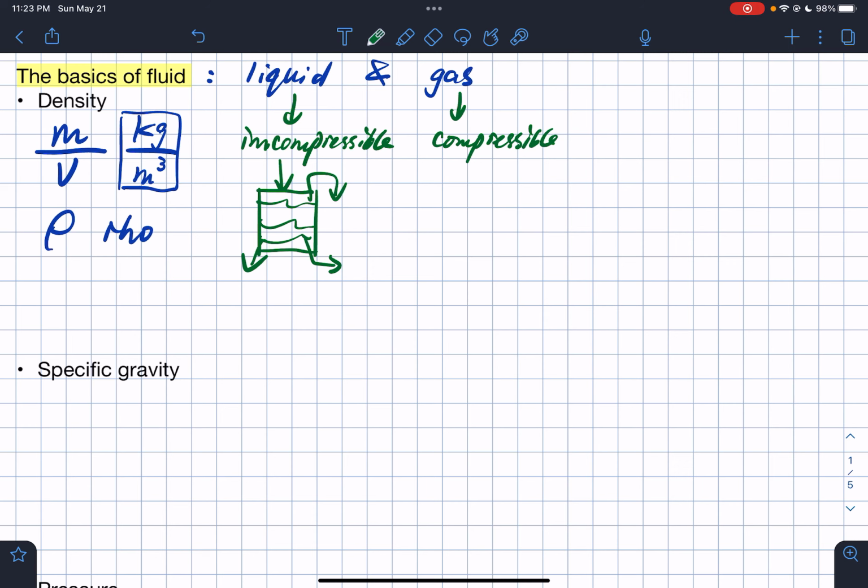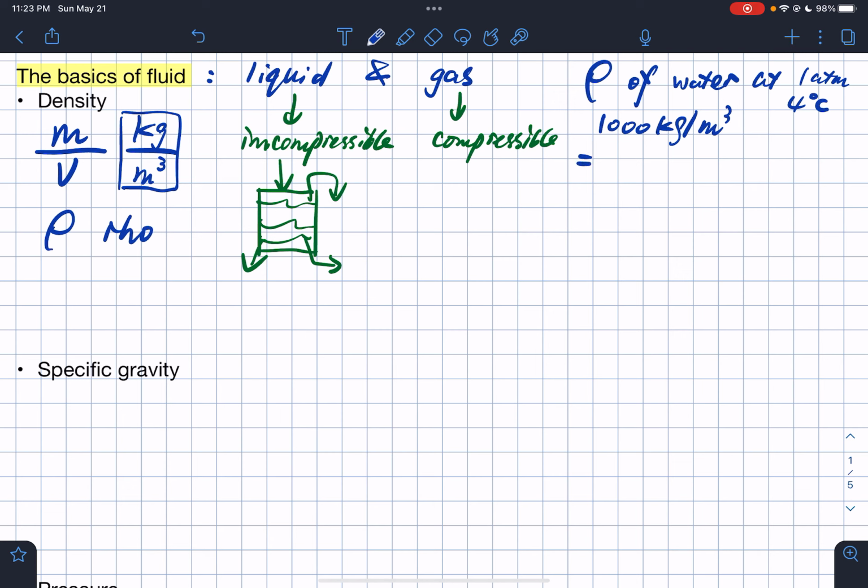Okay, so another thing I would like you to know is the density of water. The density of water on the MCAT at sea level, 1 atm, 4 degrees Celsius, is 1,000 kilogram per meter cubed, right?